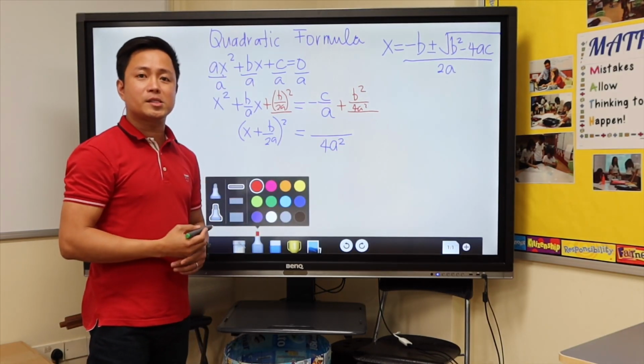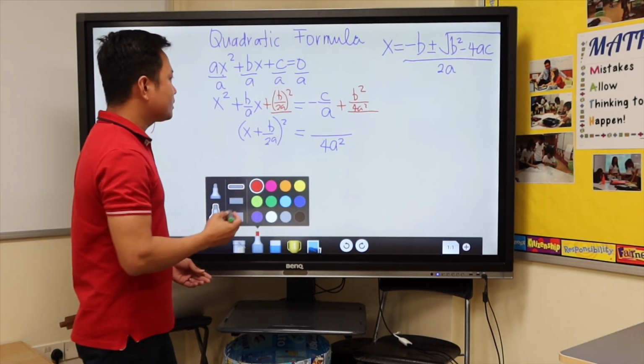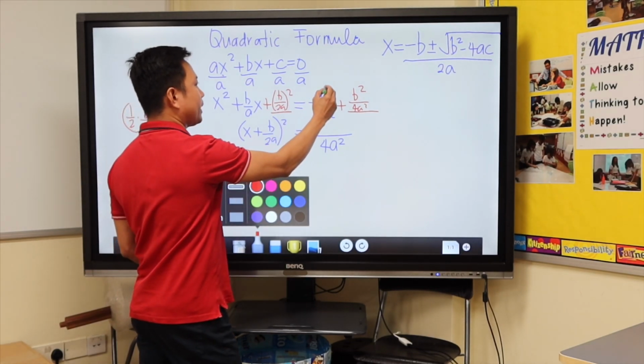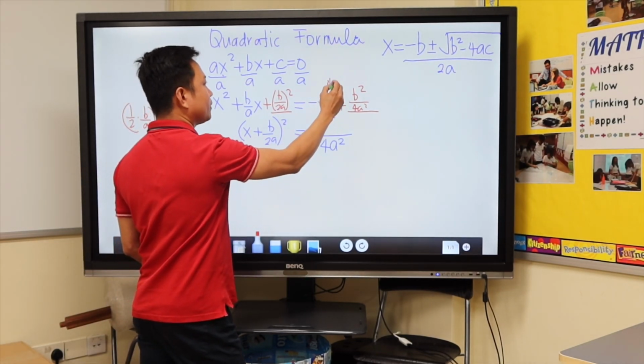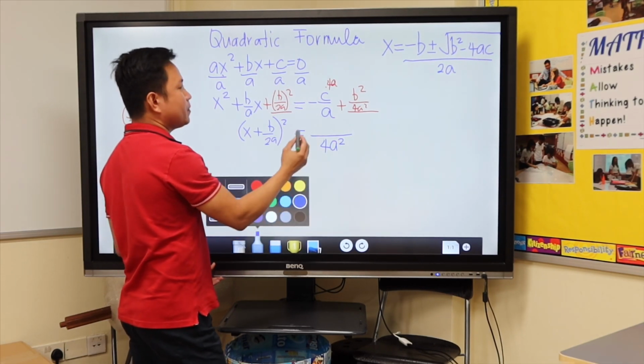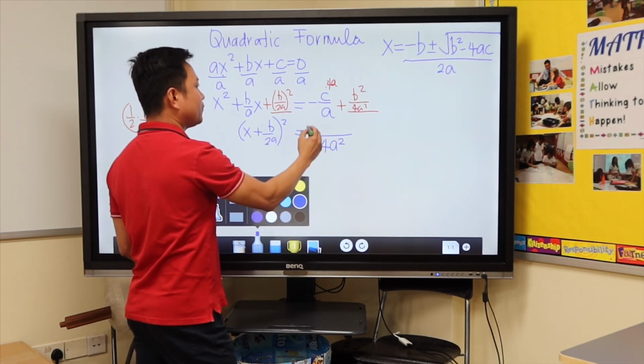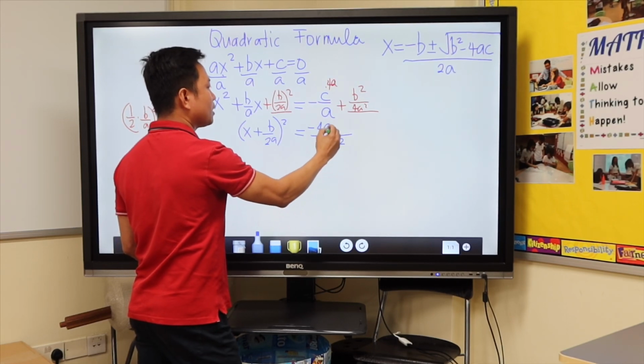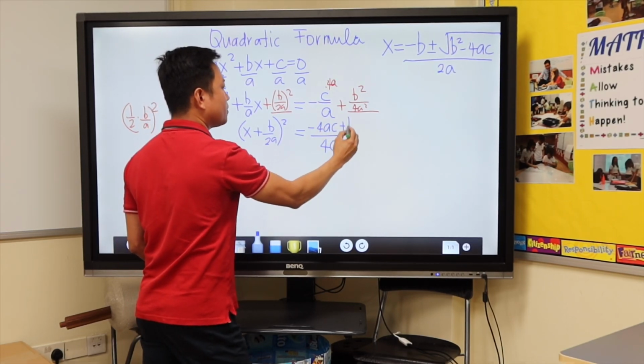Since the LCD is 4a squared, this means that the first fraction needs to be multiplied by 4a. And when we multiply that by 4a, this becomes now negative 4ac, and b squared remains the same.